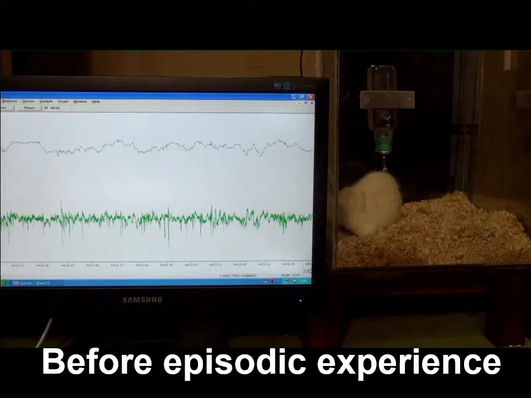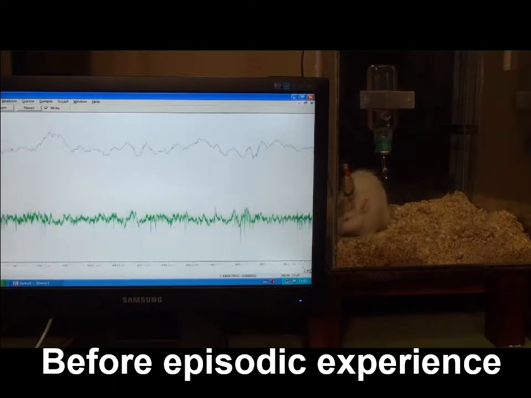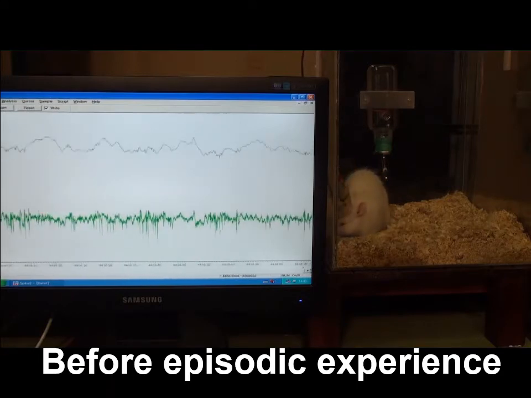Before the episodic events, the rat mostly shows sporadic firings in his home cage. You may see some ripples, but it's not very clear. Play again.